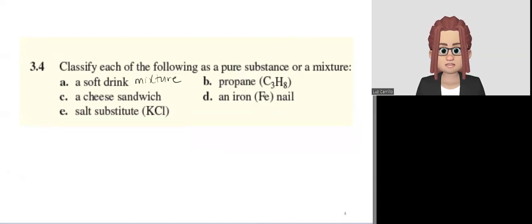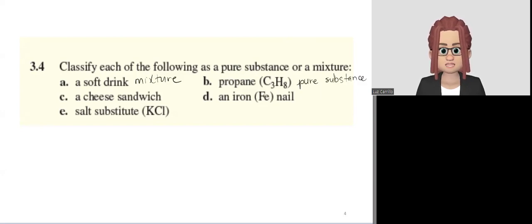On letter B, we have propane. Propane is an example of a pure substance. In parentheses, we can observe how propane has 2 letters, and those letters have subscripts that indicate numbers. In chapter 4 is where we learn elements.